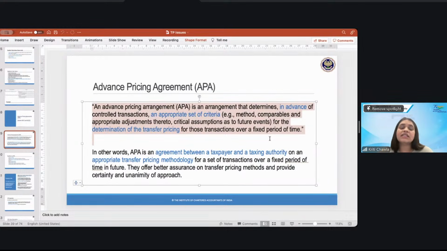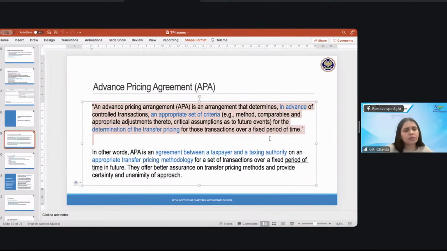An APA is an arrangement that determines, in advance of the controlled transaction, an appropriate set of criteria like method, comparables, adjustments, and critical assumptions as to future events for the determination of the transfer pricing for those transactions over a fixed period of time. So it is an agreement between the taxpayer and the tax authorities, and it determines an appropriate set of criteria.